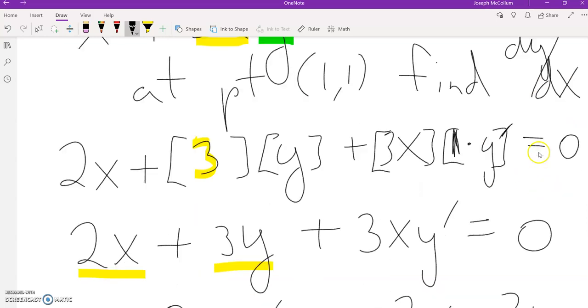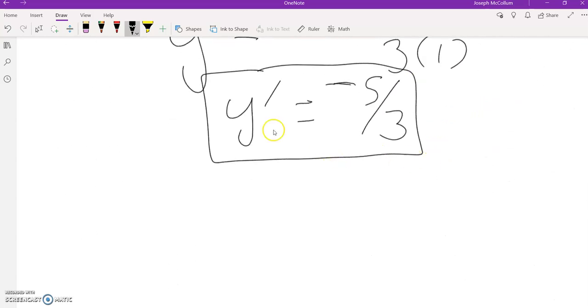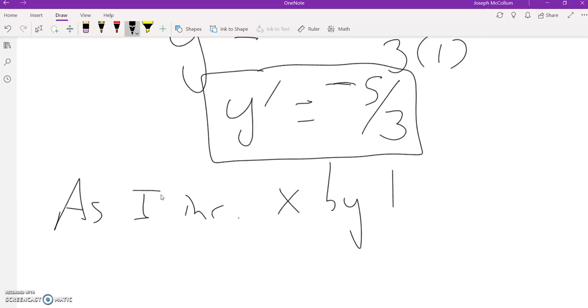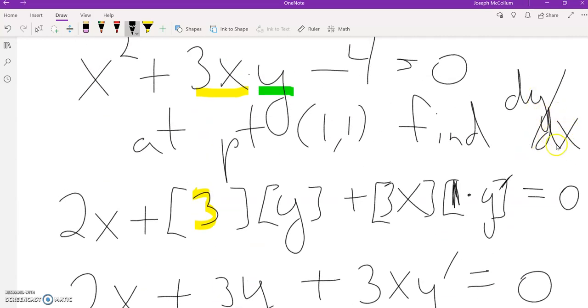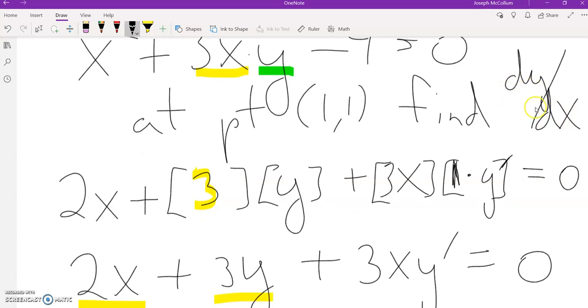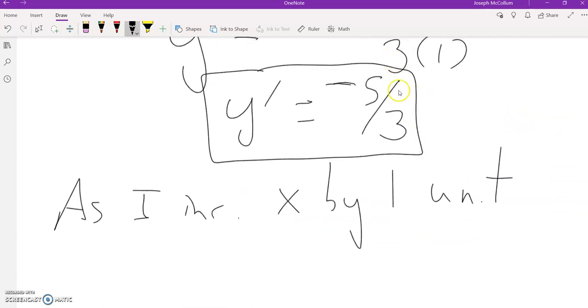That's always a slope. I want to look at it more as a rate of change. What this is telling me is, as I increase x by 1 unit, the denominator, the change in y will be estimated by this.